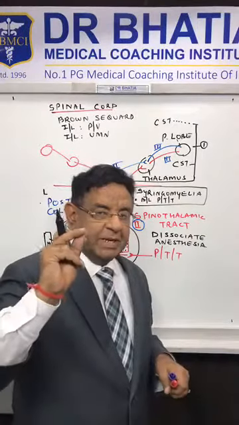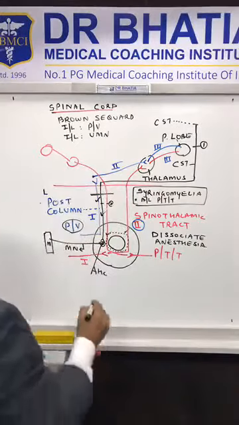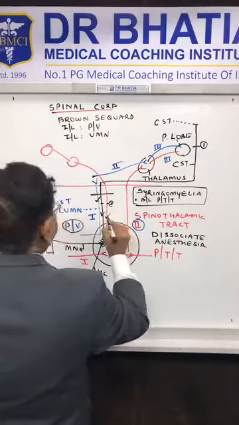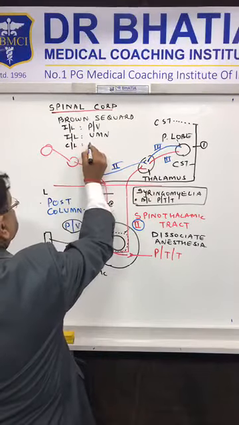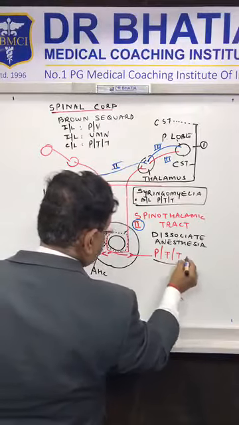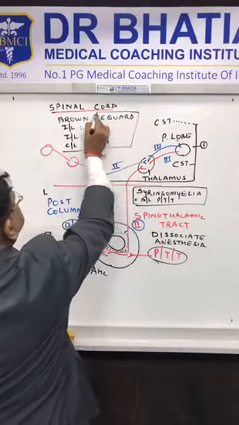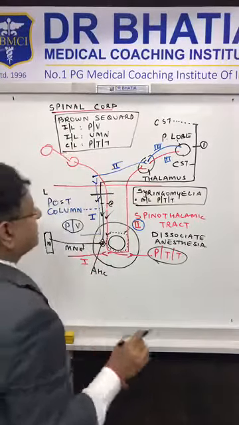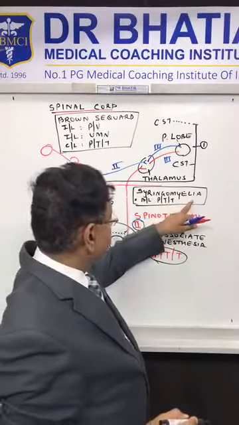So there will be ipsilateral upper motor neuron lesion. This is also involved, so this will lead to contralateral loss of pain, touch and temperature. This is the second thing that you learn regarding Brown-Sequard syndrome.